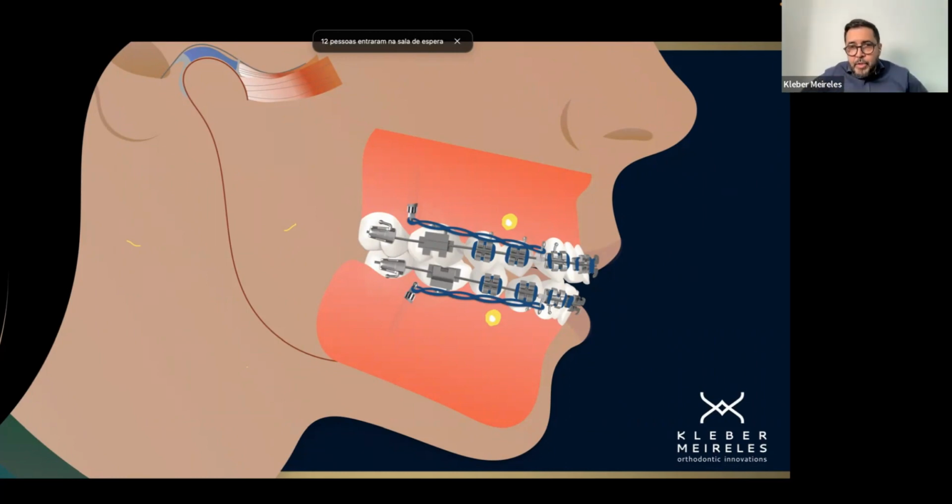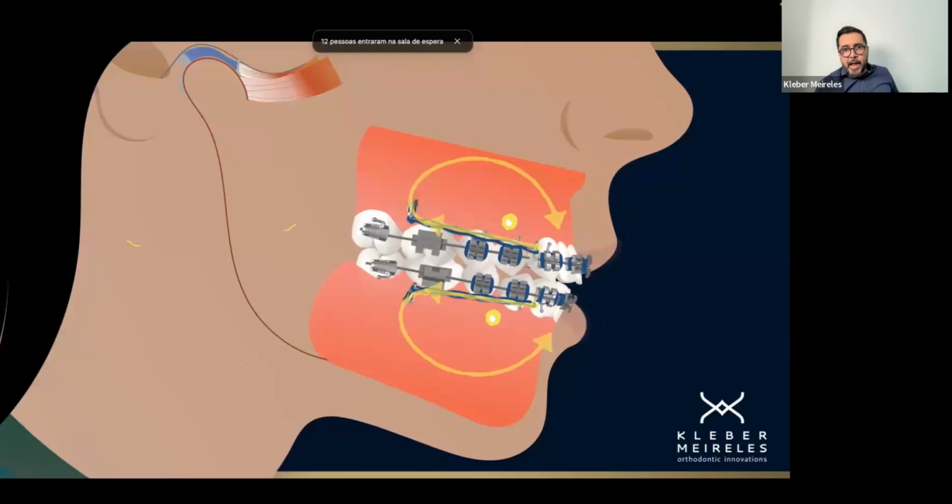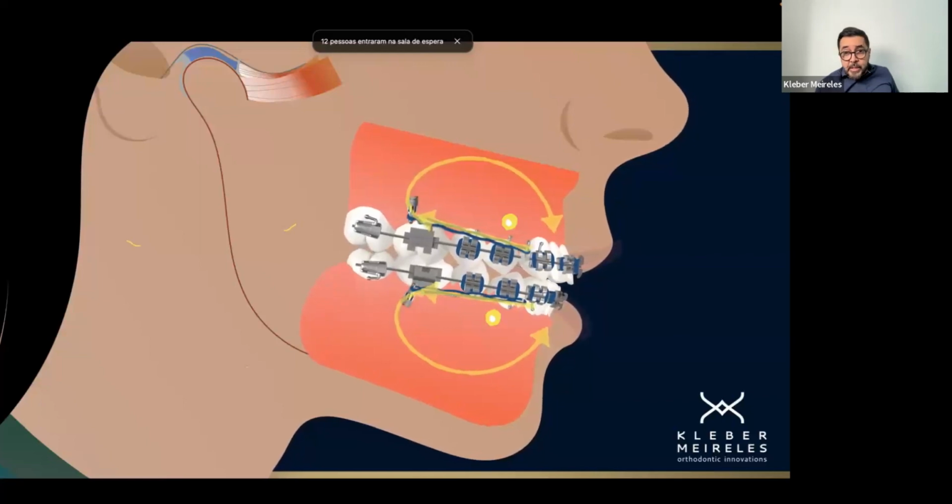So when I apply this concept, I use at minimum 19x25 stainless steel with the proper couple being applied to secure the arch inside the slot. So what we have here, a line of action, moment. You see, completely different situation. Now I have intrusion of posterior and extrusion of anterior.